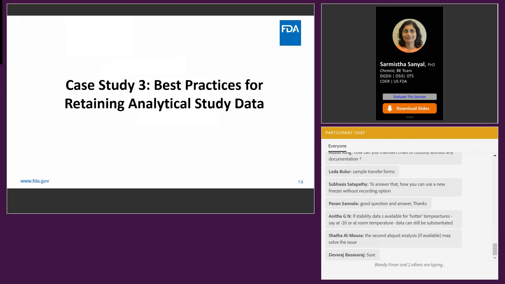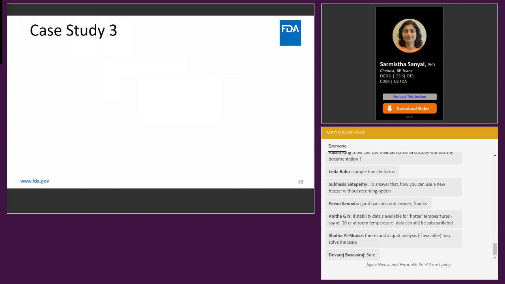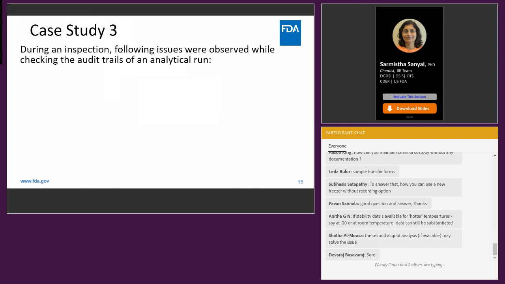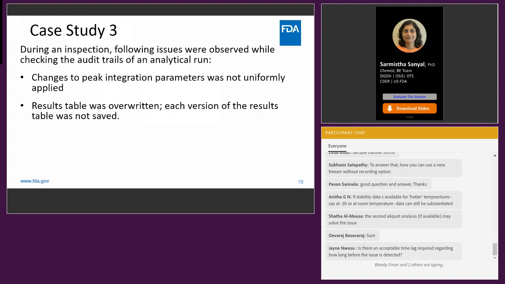In this one, I will provide some examples regarding best practices for retaining analytical study data. During an inspection, while checking the audit trails of an analytical run, it was found that the changes in peak integration parameter was not uniform. The peak integration parameter for different samples were applied differently.